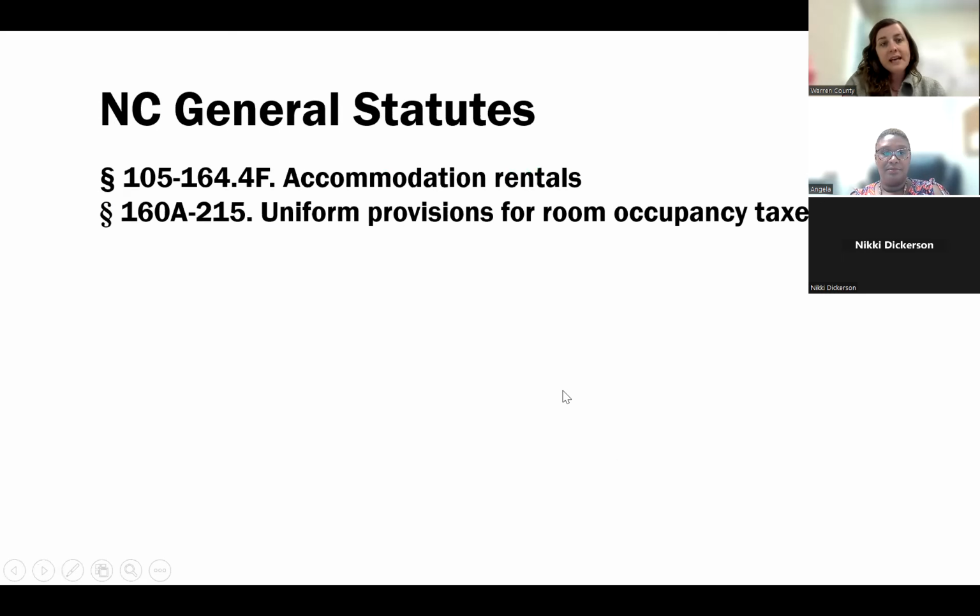There are a couple of general statutes. If you want to take a screenshot of this or email me later to follow up on the specific statute, but occupancy tax is legal in North Carolina. North Carolina general statutes allow local government to levy an occupancy tax.